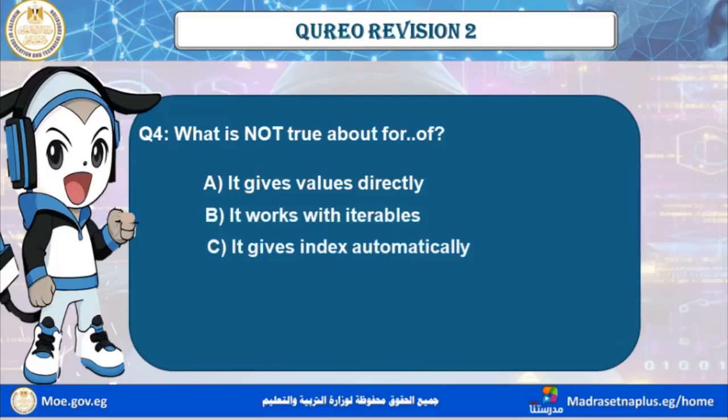It gives index automatically. It is easy to read. For sure, it gives values directly. And for sure, it works with iterables. And it is easy to read, but it doesn't give index automatically. So the correct answer, which is not true about for of, is it gives index automatically.